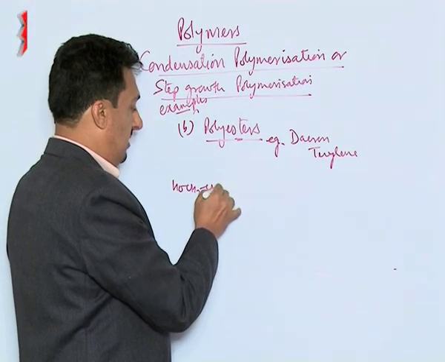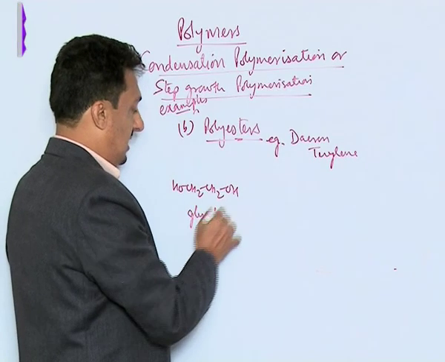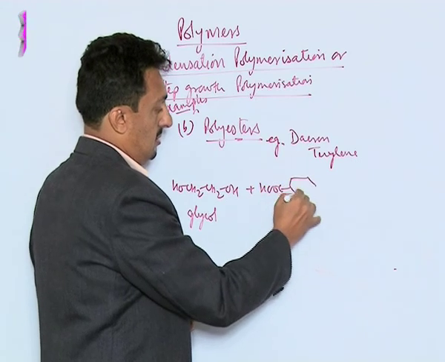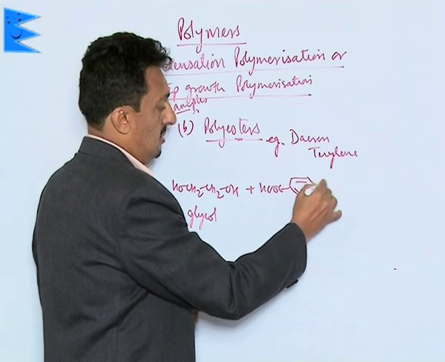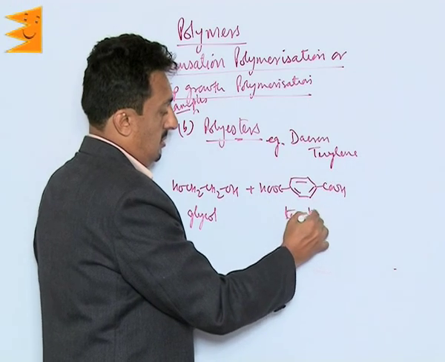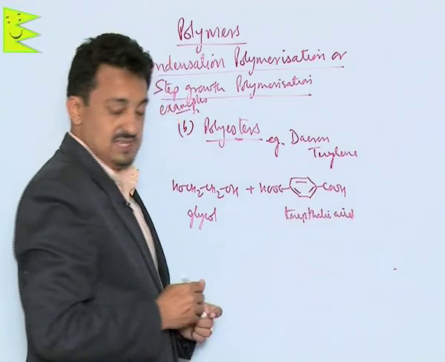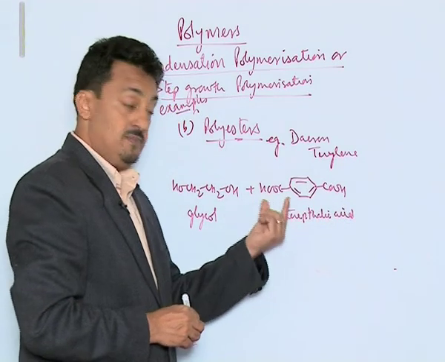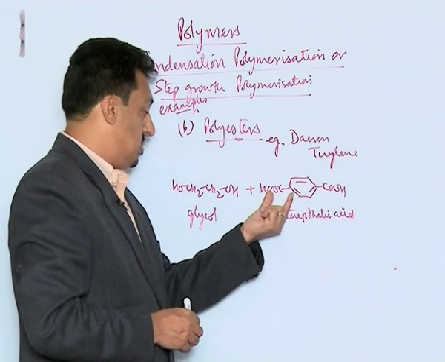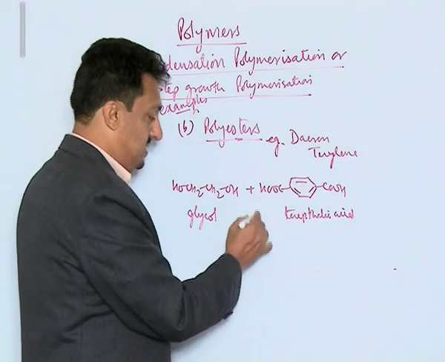It's a copolymer of ethylene glycol and terephthalic acid, which is also called benzene 1,4-dicarboxylic acid. So it's a copolymer between these two molecular species.